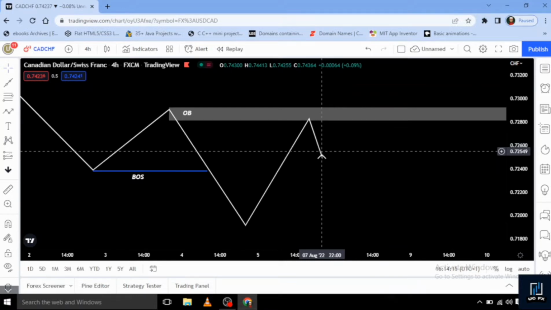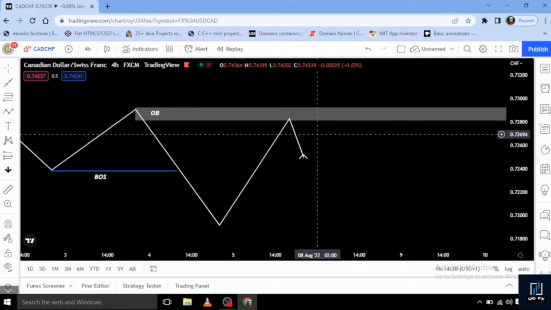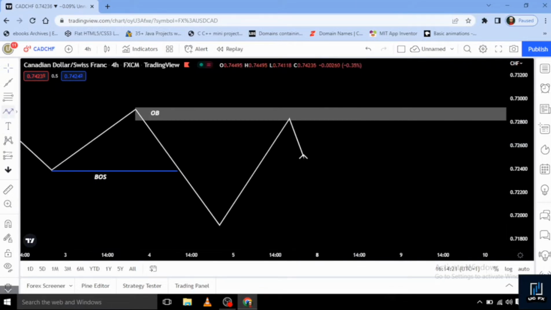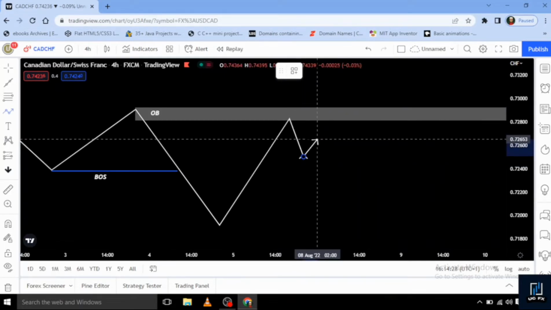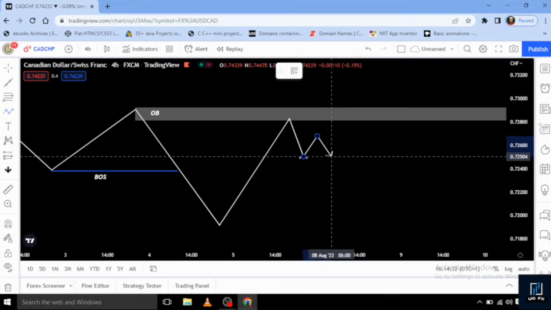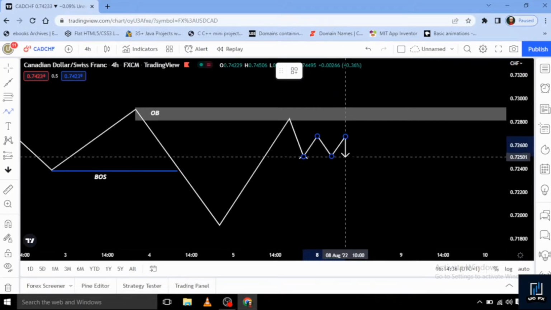So you need to wait for the Asian session to happen. What happens during the Asian session? You see price consolidation. Price would move up, come down, then move up, come down, practically consolidating.